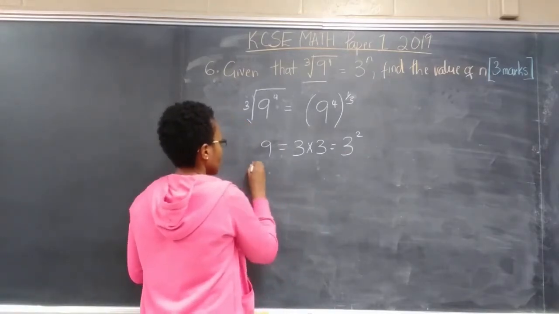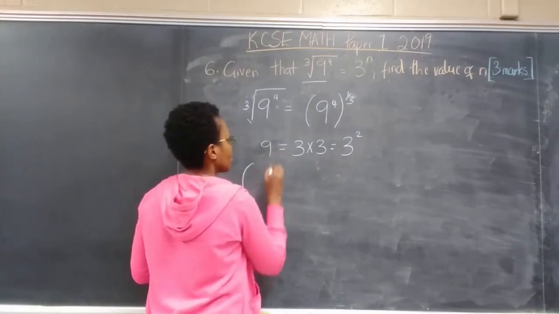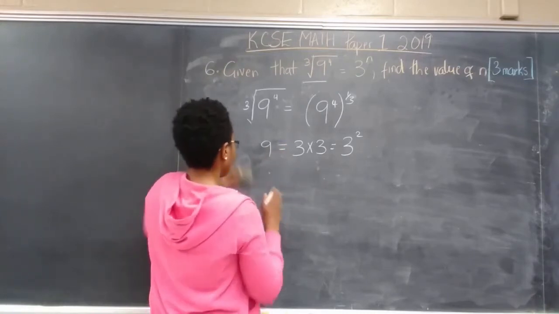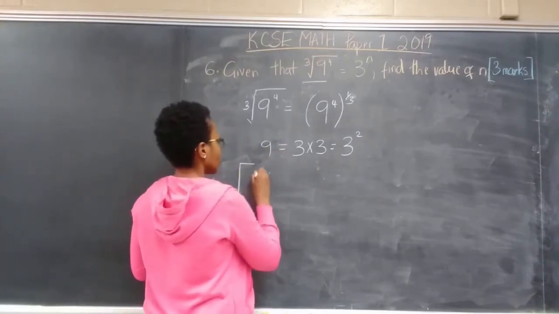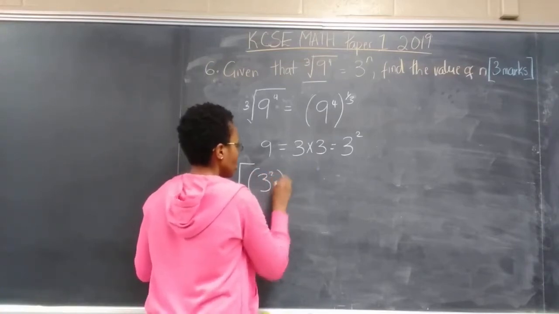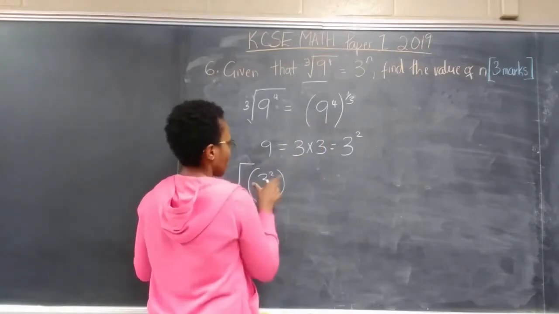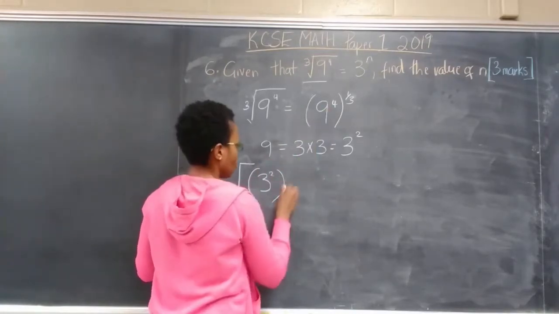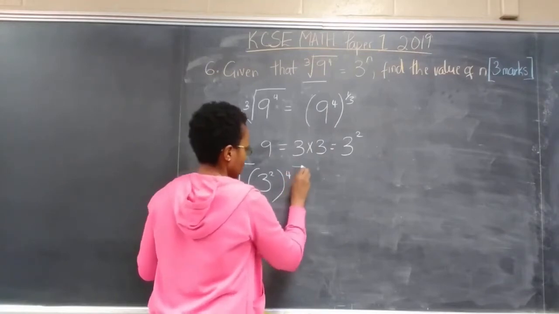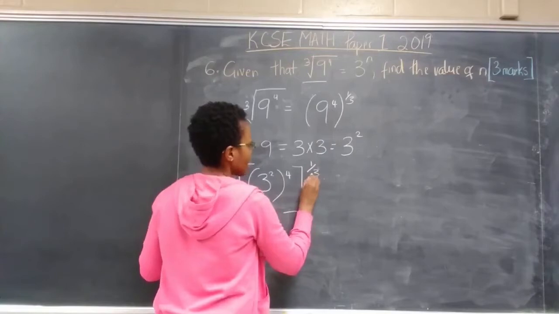Instead of 9 to the power of 4, let me use square brackets so that it's easier to distinguish what is what. So 3 to the power of 2, because that's our 9 now, but then that number is to the power of 4, and then again, all of that is to the power of 1 over 3.